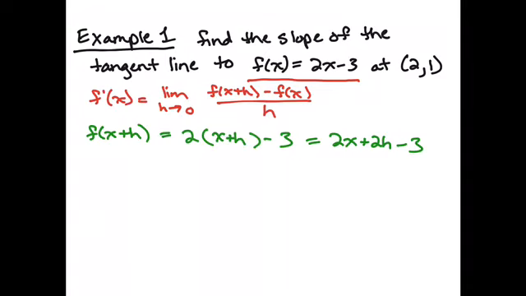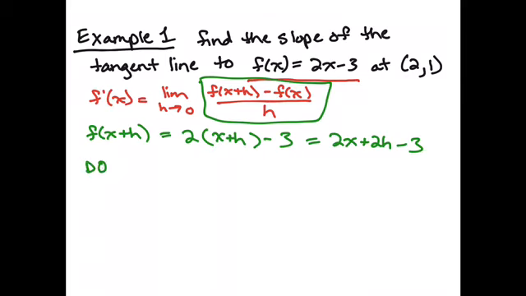And then before I take the limit, this part of the formula is actually called a difference quotient. Difference means subtraction, quotient means division. So since it has both going on, it's called a difference quotient. You may have heard that vocabulary in college algebra.